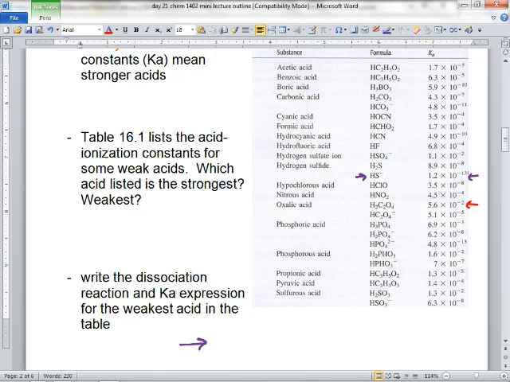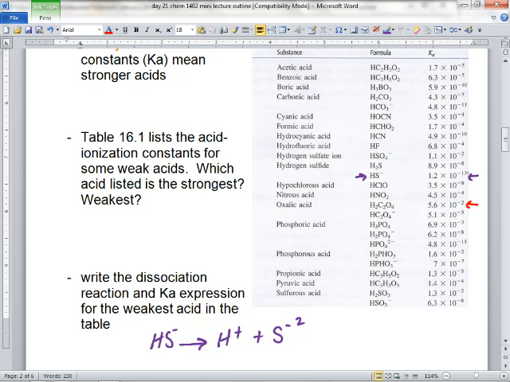Remember, it's always going to be the weak acid going to H plus and its conjugate base. HS minus going to H plus and S with a negative 2. Right? You take away an H, add a negative 1 to the charge, you've got it.